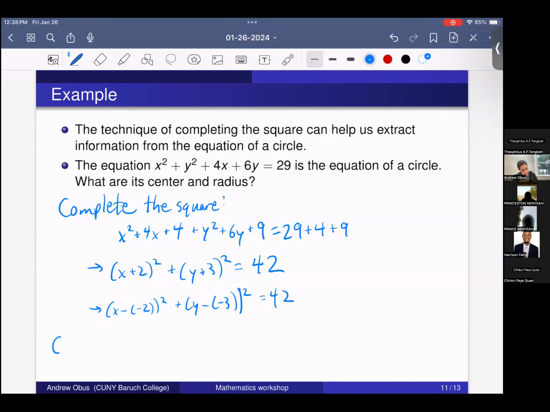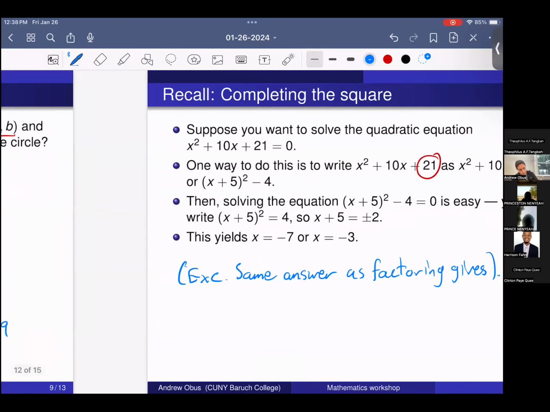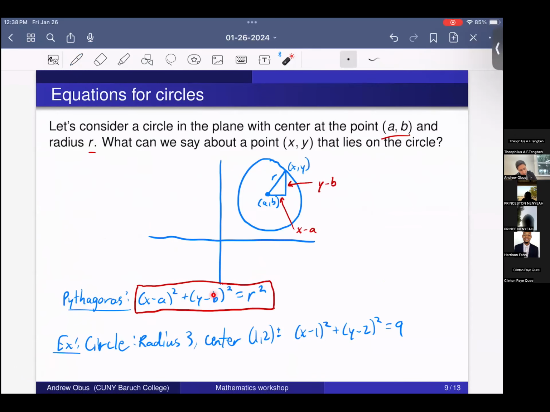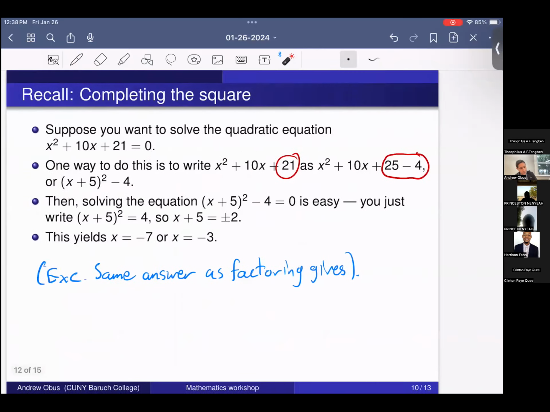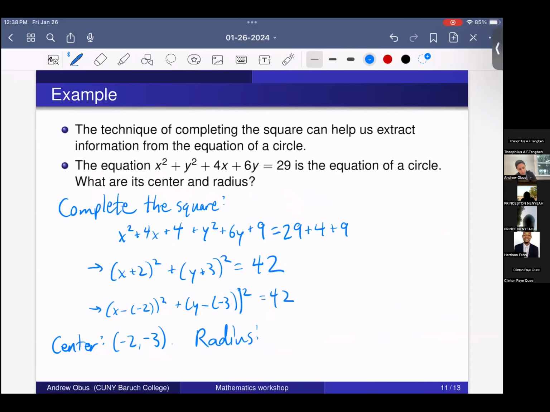And what this tells us is that the center has to be the point minus 2 comma minus 3. And the radius, remember the formula for a circle, the center is a and b here, and what we have on the right side is r squared, so the radius is the square root. So the radius in this case is just going to be the square root of 42.